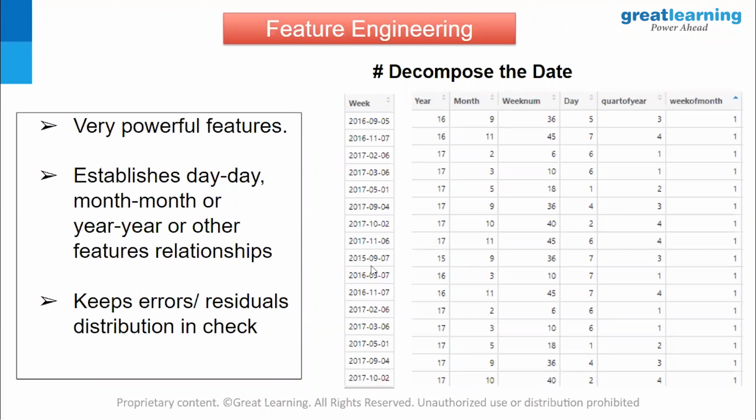There are multiple ways we can create features. One of the very powerful feature engineering areas is decomposing the date, decomposing the time itself. We can extract year, month, day, and maybe some more features like the week number, the quarter, the week of the month.